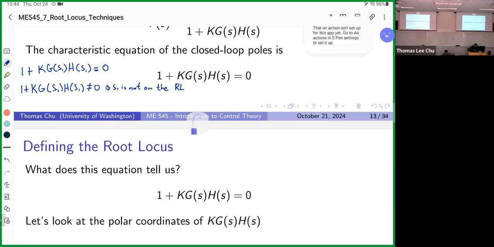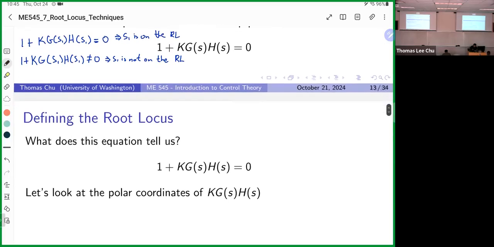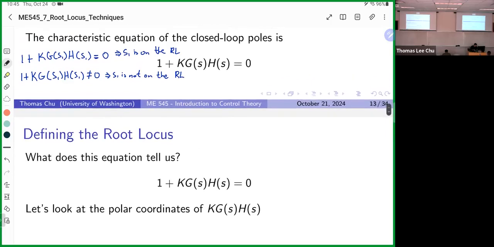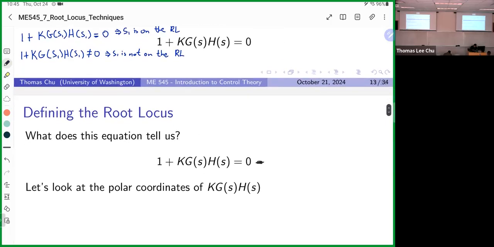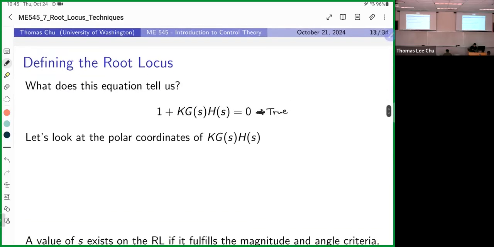So maybe I'll write it better. If S1 is on the root locus, then this is true. So then what that means is that kG(S1)H(S1) has to equal -1.